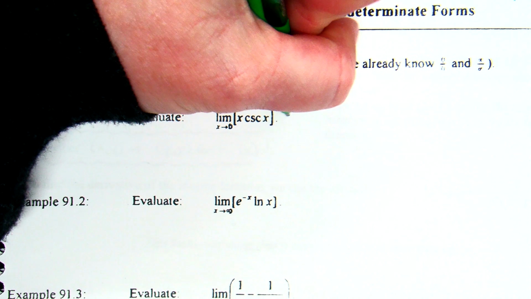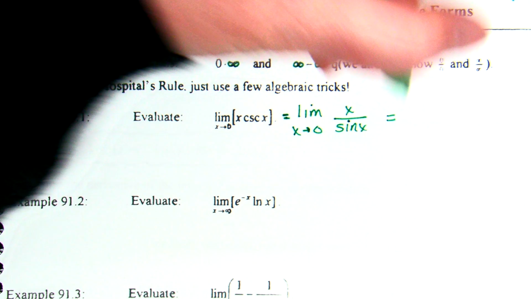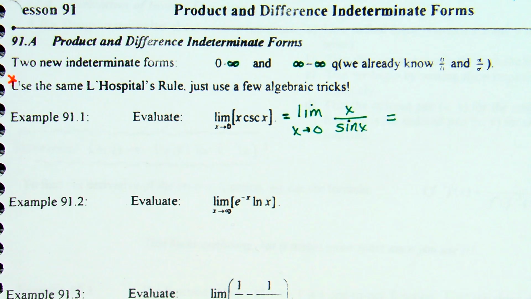So what if I make this instead the limit as x approaches 0 of x over sine x? Now what happens when you plug in 0? x is 0 and sine of 0 is 0.